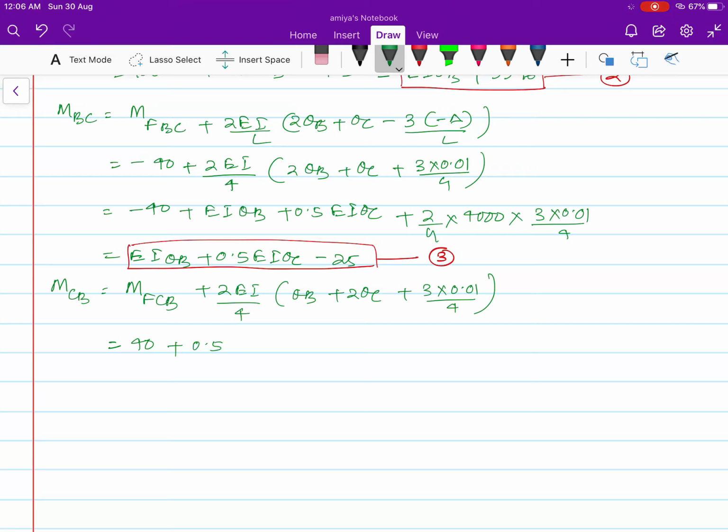Now 0.5 EI into theta B plus EI into theta C plus 15. So this equation gives 0.5 EI into theta B plus EI into theta C plus 55. So this is our equation 4.